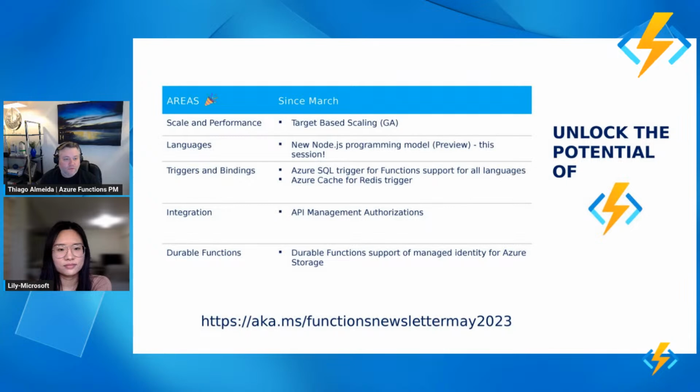There's a blog post and links to the sample in the documentation for how you can take advantage of API management authorizations together with Azure Functions to then connect to downstream solutions like GitHub and Teams and everything else. And then finally, on the topic of durable functions, we've announced the support for managed identity for the Azure storage part of durable functions, which is pretty cool.